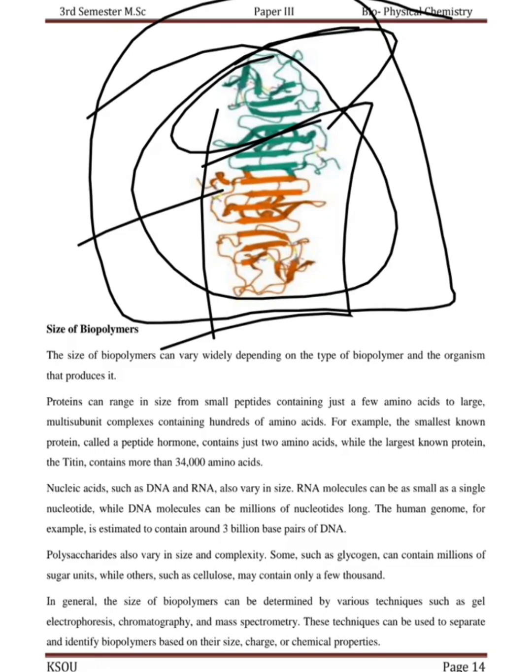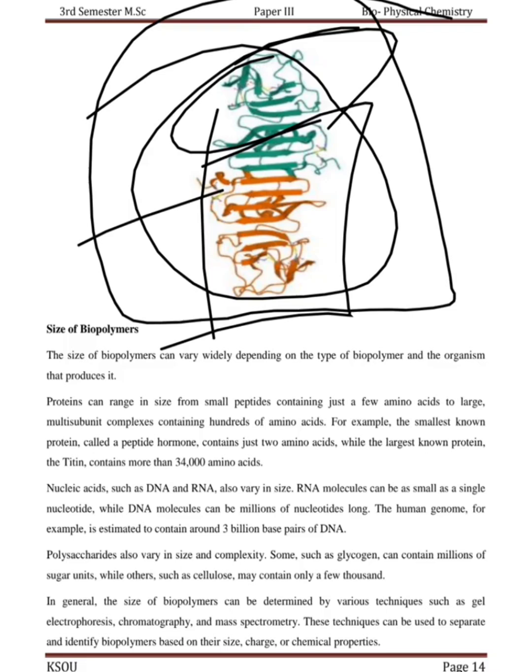The smallest, the peptide, will have 4 to 5 amino acids. A peptide is also known as a building block of amino acids, having very few, 4 to 5 amino acids, and the largest protein structure will have 34,000 amino acids.